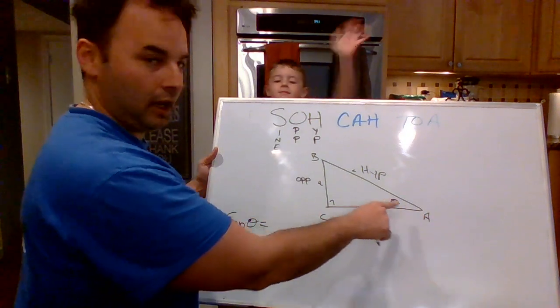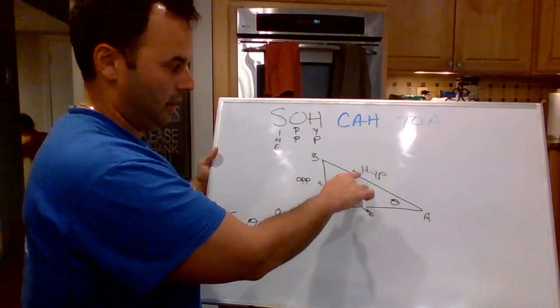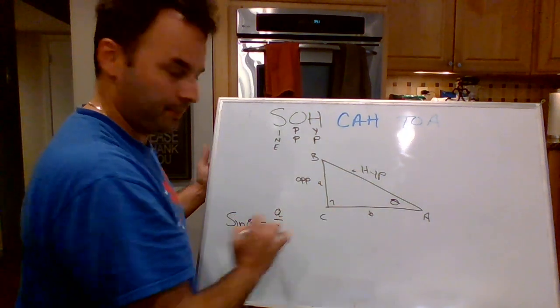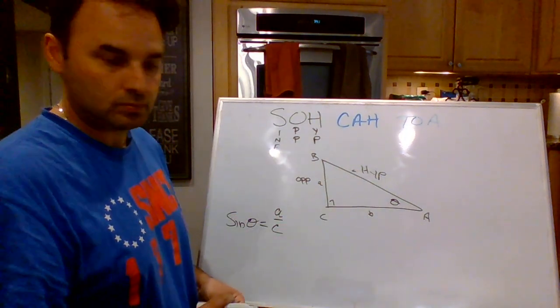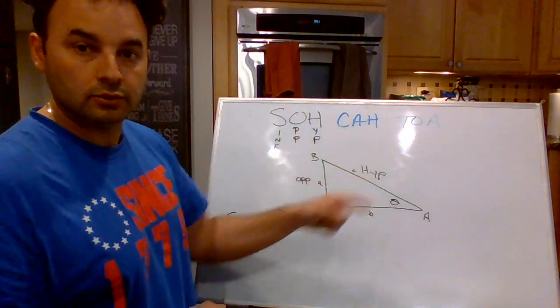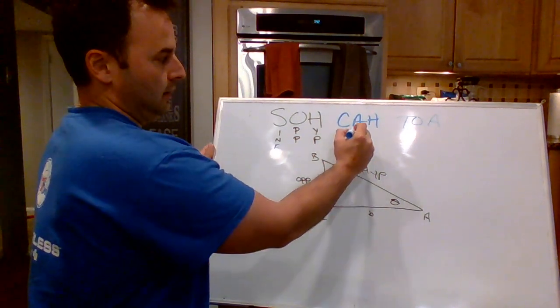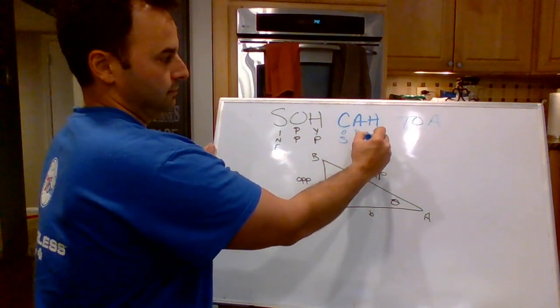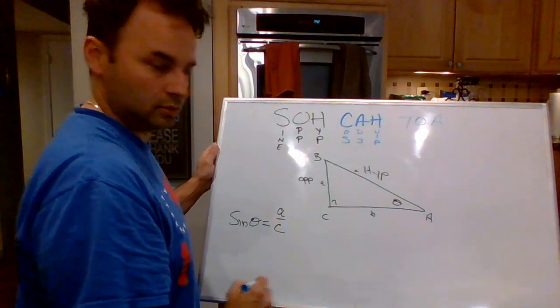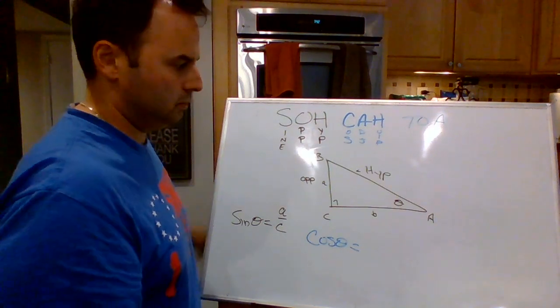So the opposite side is A, and the hypotenuse is C. Okay. Next we're going to do the cosine, SOHCAHTOA. The cosine is the adjacent over the hypotenuse. So I have the cosine of theta equals.